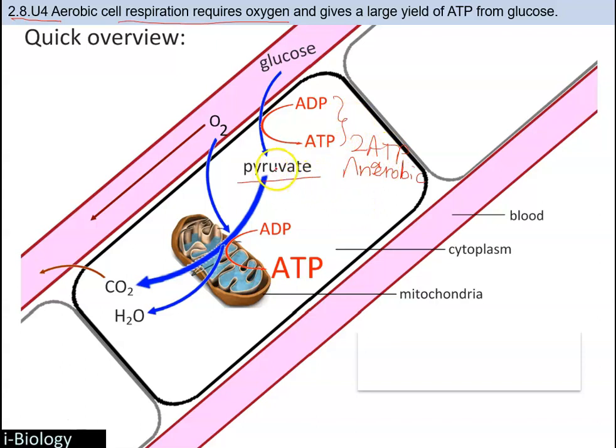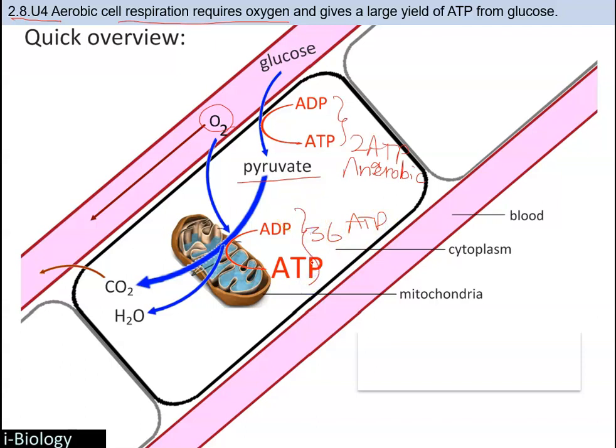And once the pyruvate is produced, then in the presence of oxygen, as you can see here, at this stage it is aerobic because the oxygen is used, and it happens inside the mitochondria, and the final production would be like 36 ATP at this stage.